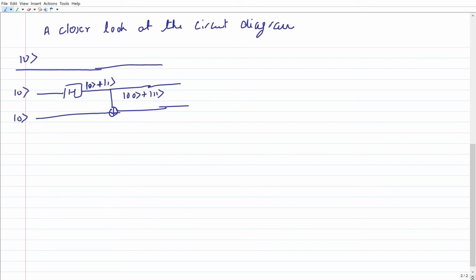And then we apply a control not gate here. And these are the measurements.